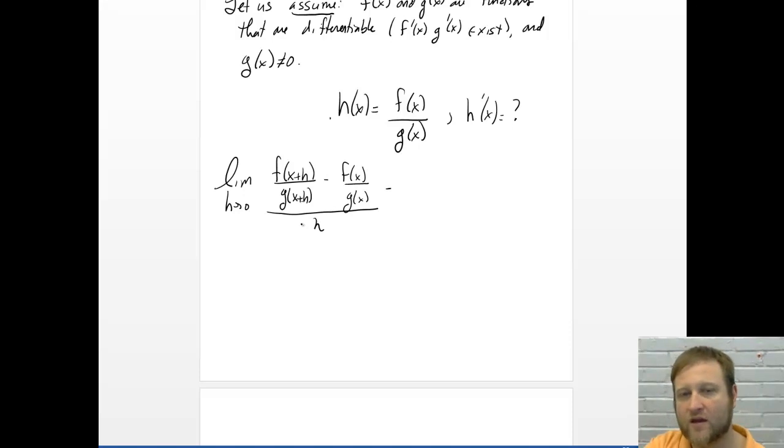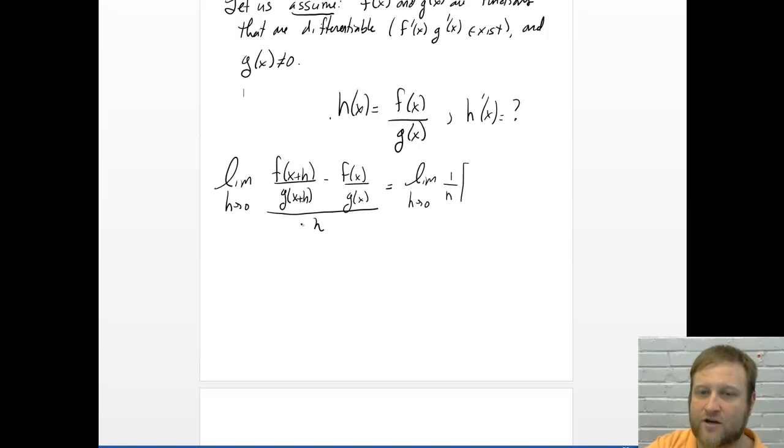Okay, we can now simplify these two, and again, these two are just fractions that contain functions. In order for us to subtract fractions, we have to have common denominators, and here we can recognize that our common denominator will be g of x plus h times g of x, so we will still have the limit as h approaches 0. I'm going to multiply by 1 over h here, and we will have f of x plus h all over g of x plus h.